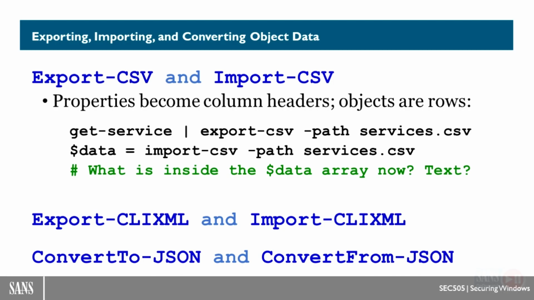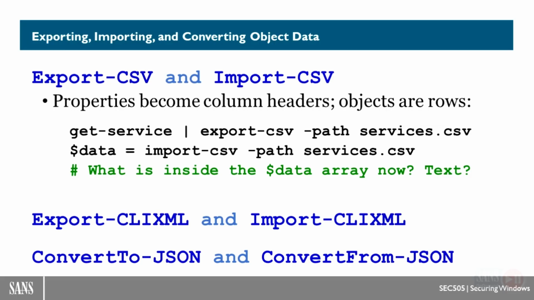Each line represents a service, or each line represents an object that represents a service. And each column in that comma-delimited text file stores a different property of those service objects. Or again, by analogy with databases and SQL, we can think of that CSV file on the drive as like a table. Each of the lines is a record, and each of the columns is a field.